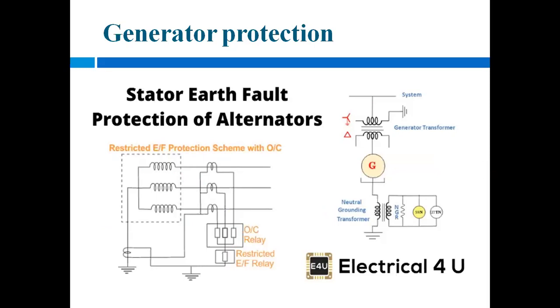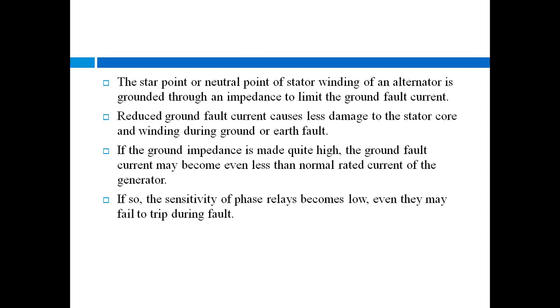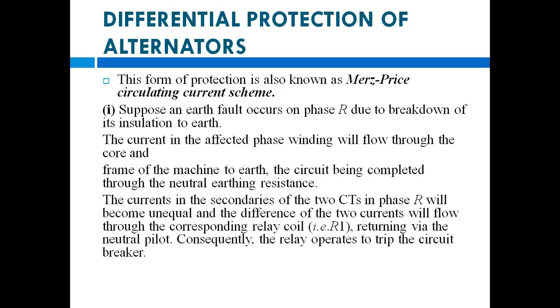Actually, in the transmission system, how this generator is connected is given here. We have seen the differential protection of the alternators also. It is also called the Merz-Price circulating current scheme. Remember the name, Merz-Price circulating current scheme.